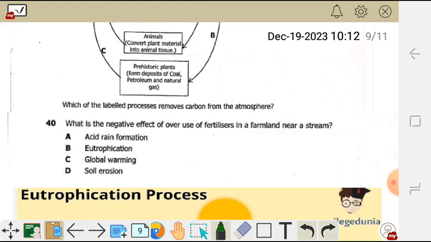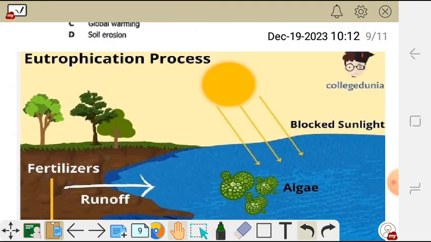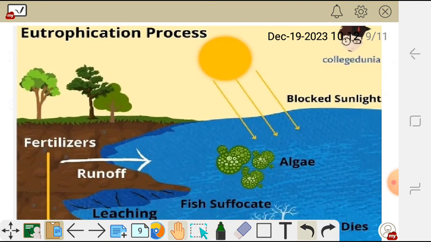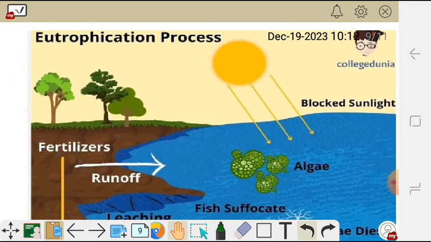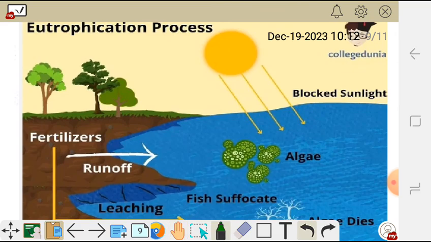Eutrophication is the effect of fertilizer to the stream. So what happens during eutrophication is this. During rainfall, the fertilizer is going to be taken into the water. The water which is coming from the rain is going to cause the fertilizer to go into the water.